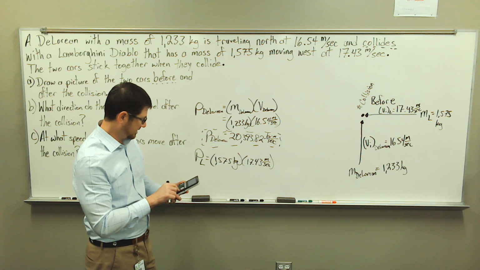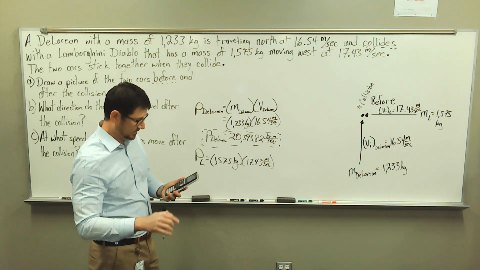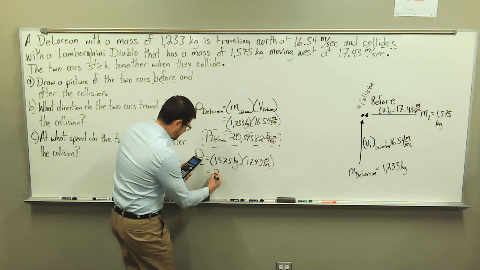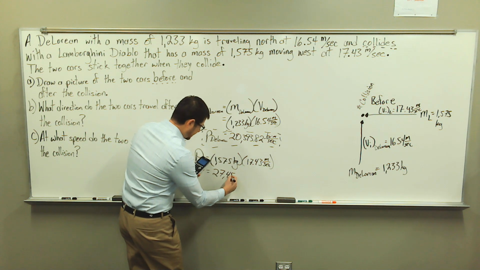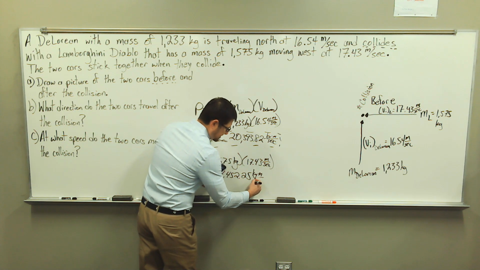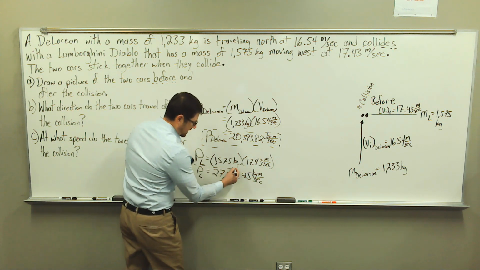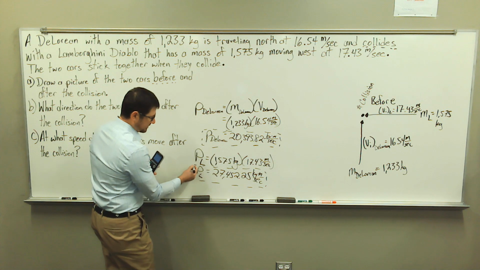So the product here is 27,452.25, and we have units of kilogram meters per second. And I'm going to put a dotted box right there.